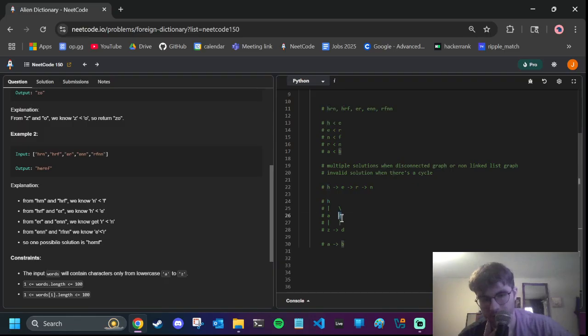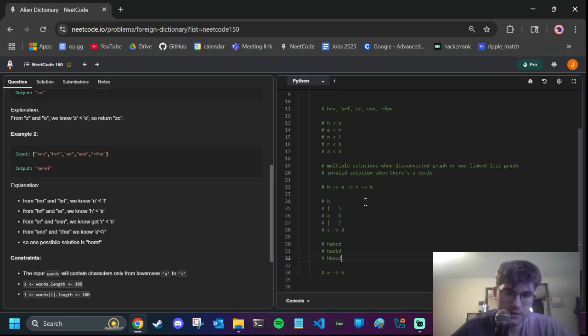H is bigger than B, which is bigger than D. So I know D has to be last for sure. So I think in this case you could say HABZD, or you could say HAZBD, or just, sorry, HBAZD. I think these would all be fine, as long as A is before Z, H is before A, and B is always before D.